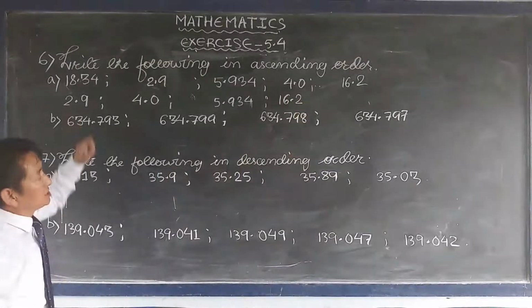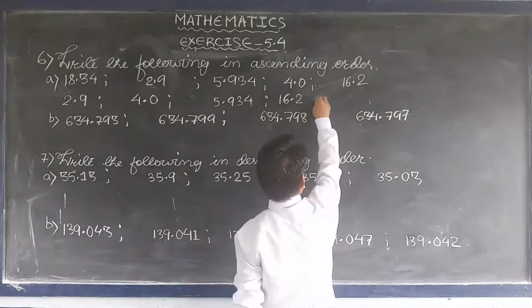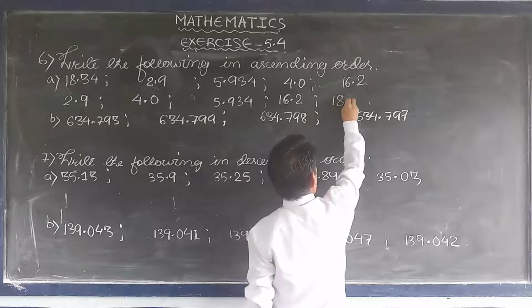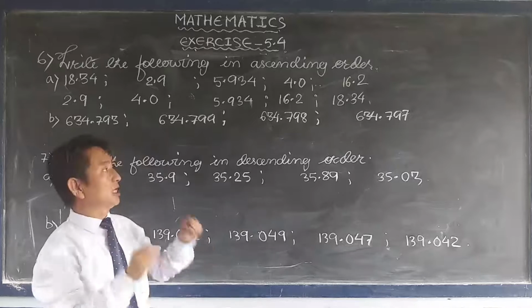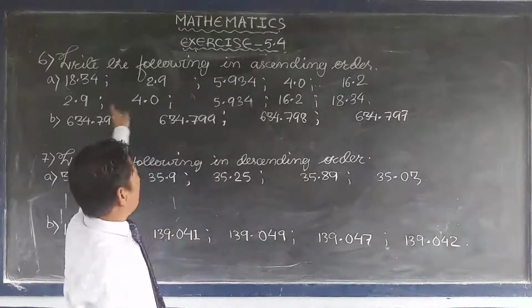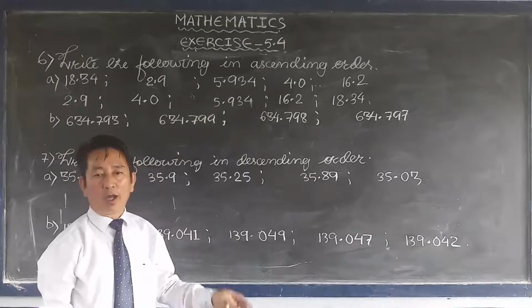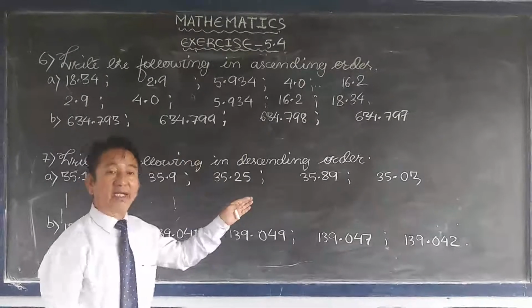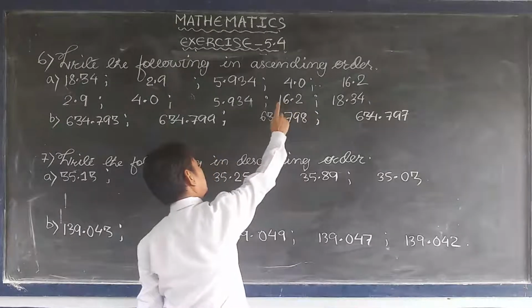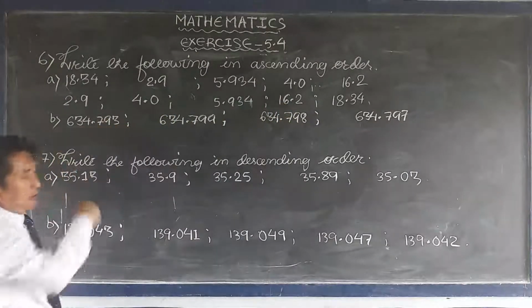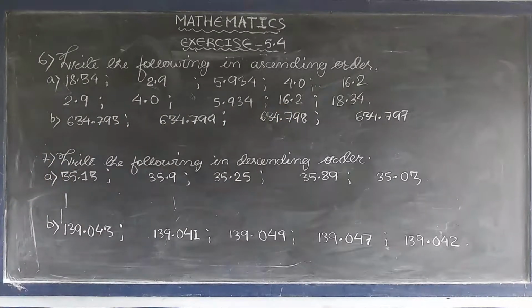The last one is 18.34. 18.34 is the greatest, or the largest number among these. While arranging these numbers in descending order, first we write this one, then this. We can reverse it.